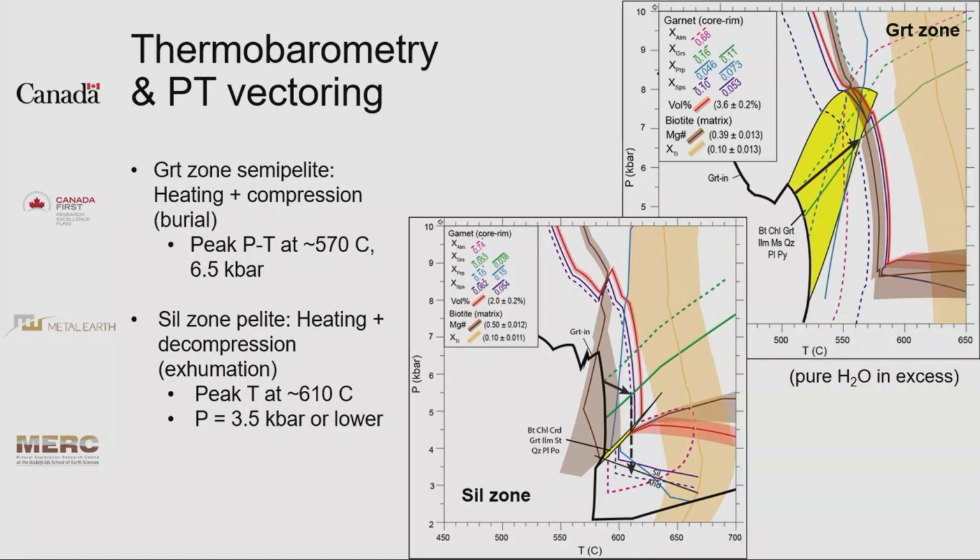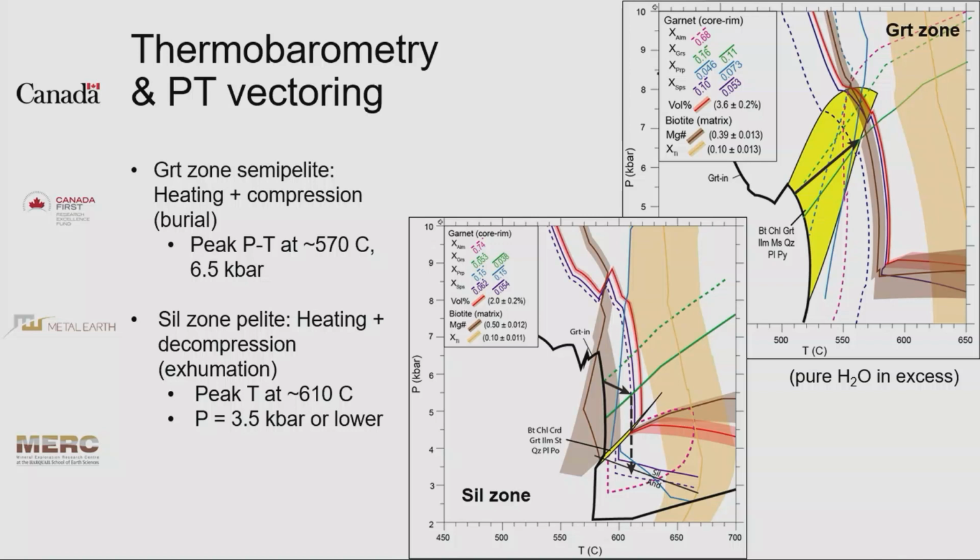Okay, so now into the modeling. I'm not going to go too much into the details of how we did the PT vectoring, but here we're able to reproduce the observed assemblage for these two samples, and when we combine that with the garnet chemistry, biotite and plagioclase chemistry, we're able to come up with an idea of the PT vector for the rock.